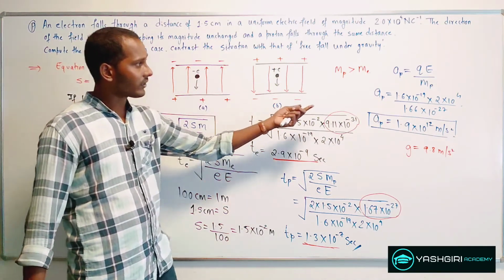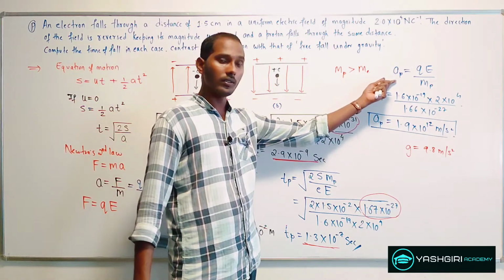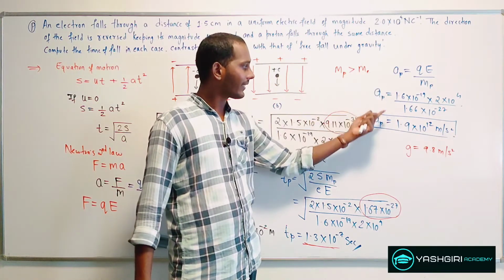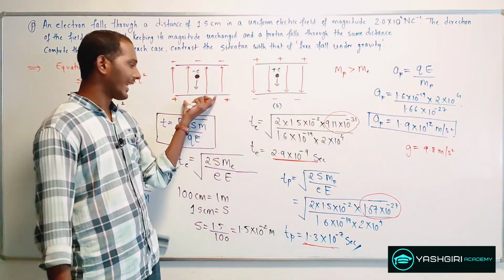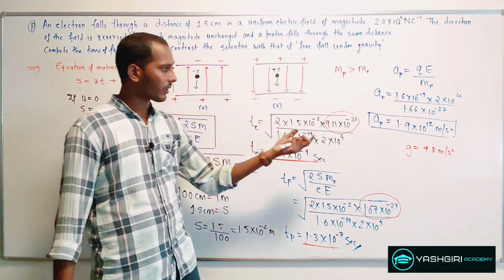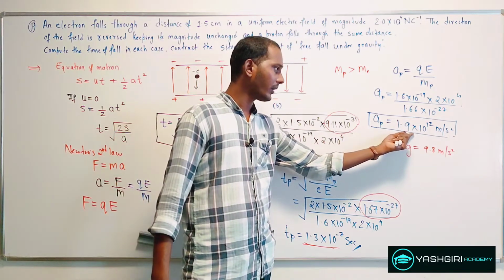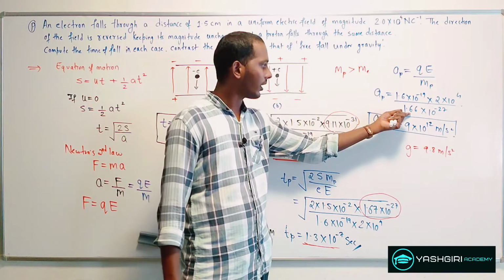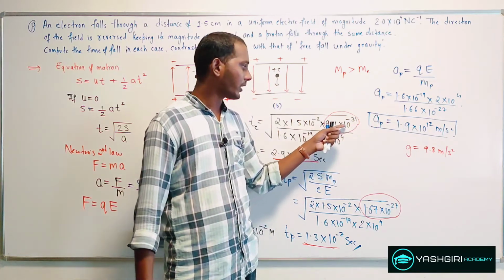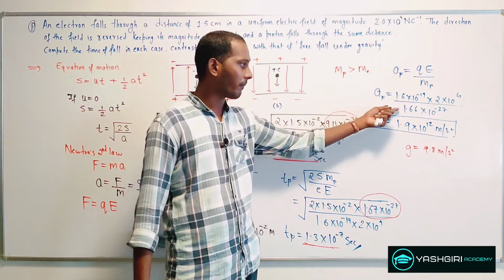Here I have shown you for the proton. In the same way, you can also get the answer for the acceleration of an electron in this electric field, which will be a much larger value than this, because in the denominator you will get 9.11 into 10 to the minus 31, which is smaller compared to this.